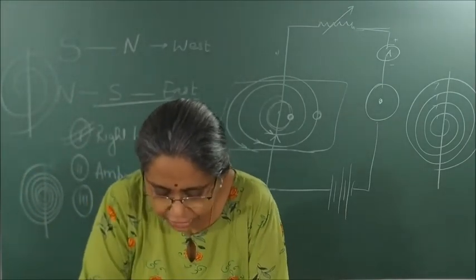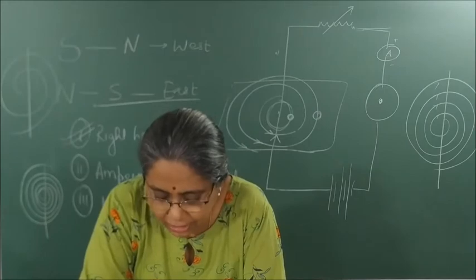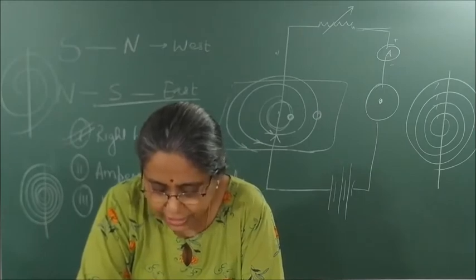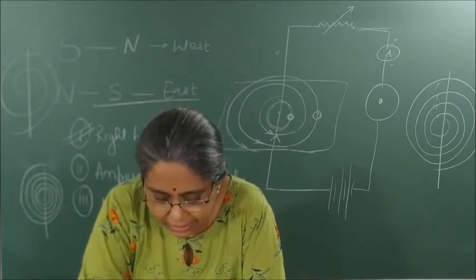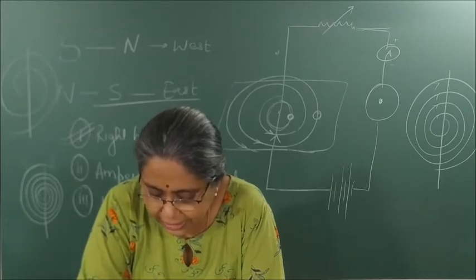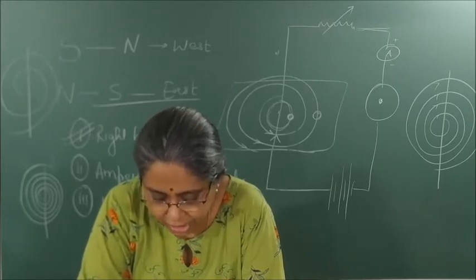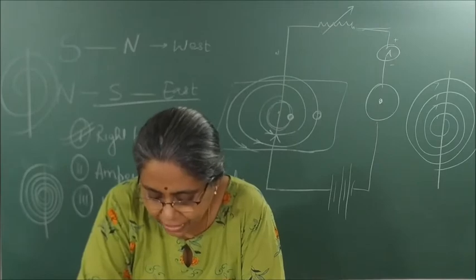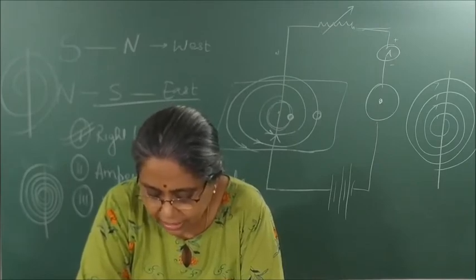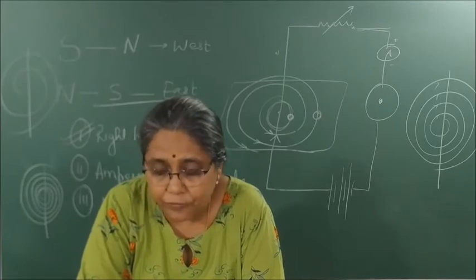We see that the deflection in the needle decreases. Thus, the magnetic field produced by a given conductor decreases as the distance from it increases. It can be noticed that the concentric circles representing the magnetic field around a current carrying straight wire become larger and larger as we move away from it.